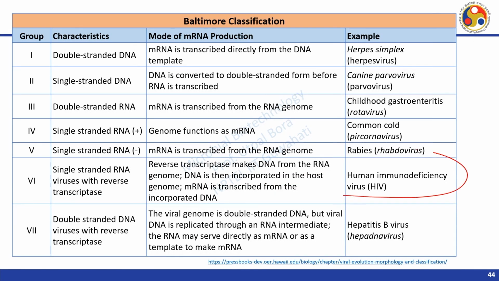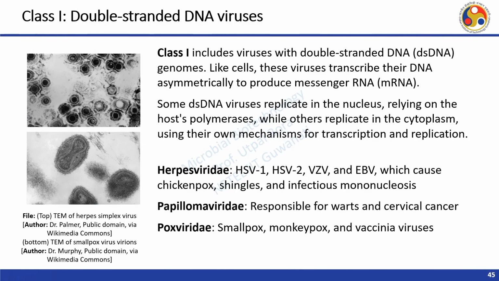So, the best example of these is the human immunodeficiency virus. In the 7th group, the viral genome is double stranded DNA, but viral DNA is replicated through an RNA intermediate. The RNA may serve directly as mRNA or as a template to make mRNA, for example the hepatitis B virus.